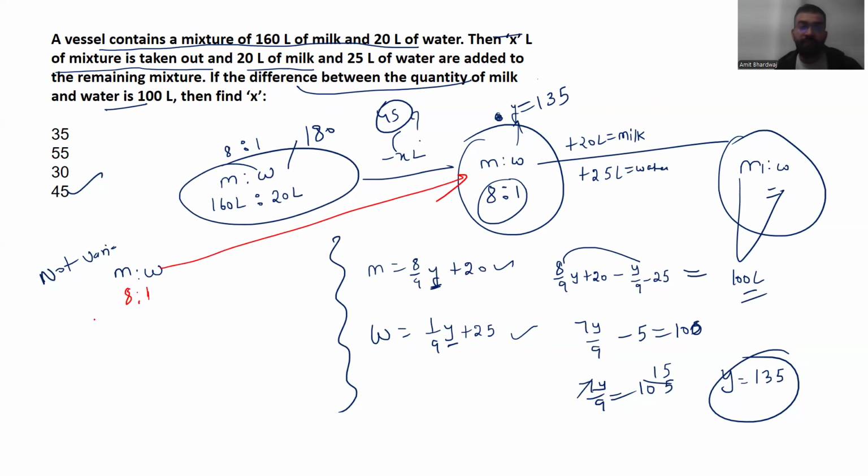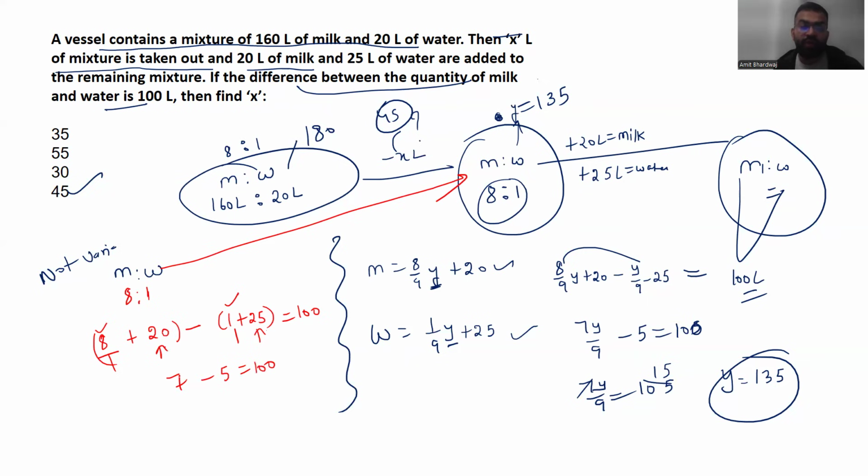If milk is 8 and we are adding 20 liter milk, minus, if water is 1, we are adding 25 liter water, the difference should be 100. Please understand this is an assumed value, and these two are real values. So we'll simply say 8 minus 1 is 7, 20 minus 25 is minus 5, equal to 100.